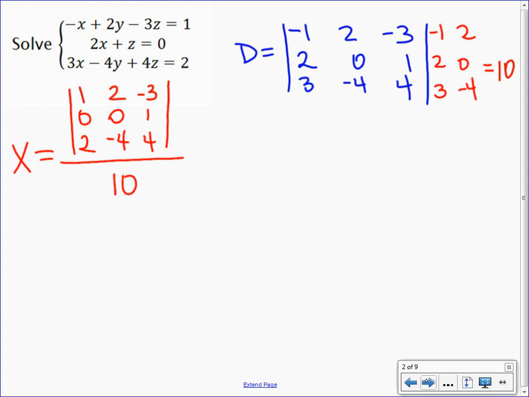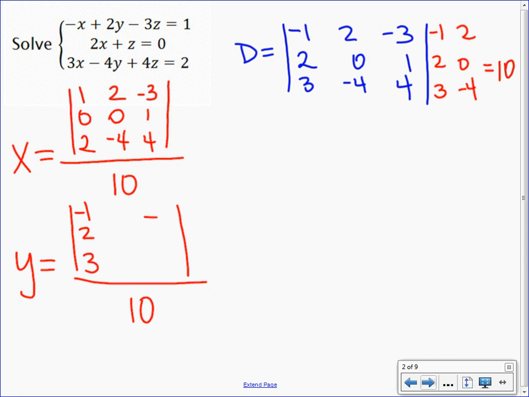So then when we go to solve for y, we are going to have the coefficient matrix, except our y column is going to be replaced with 2, 0, -4.